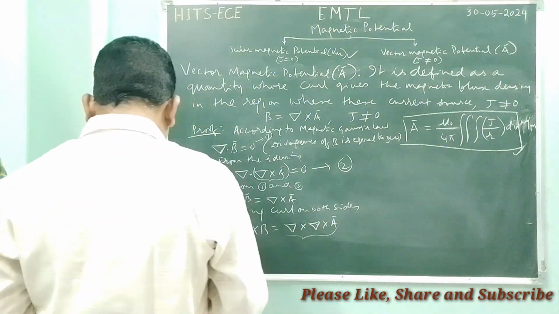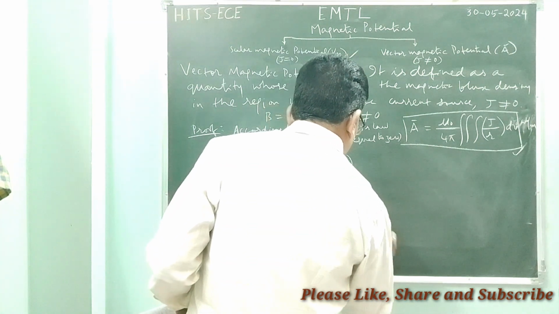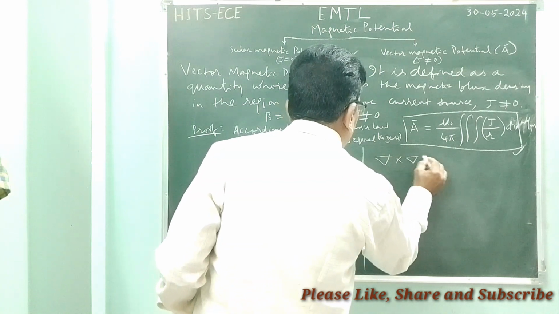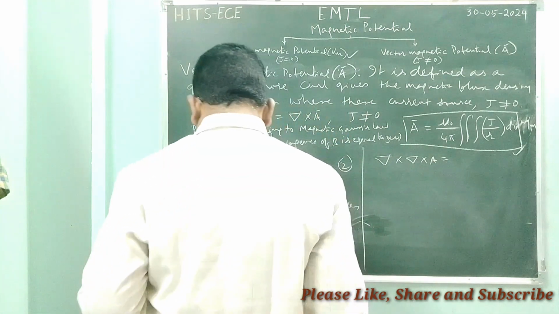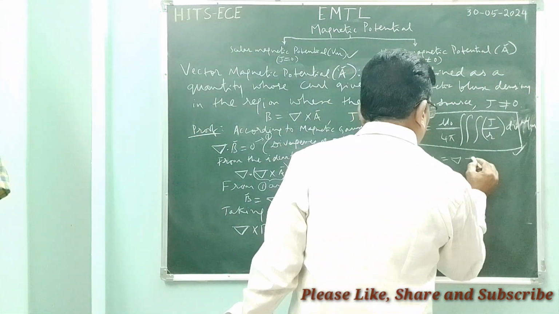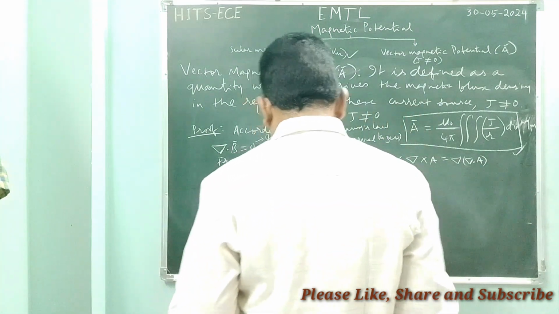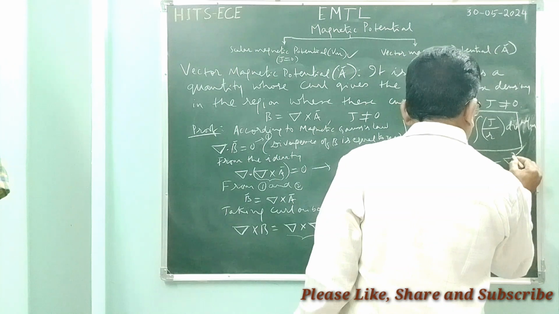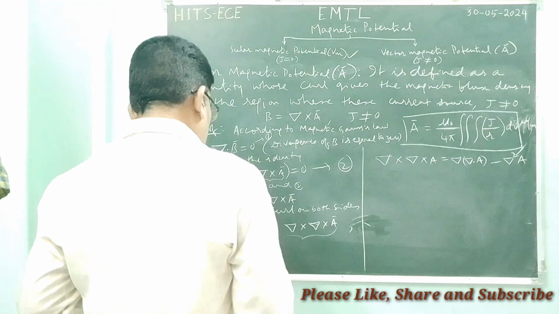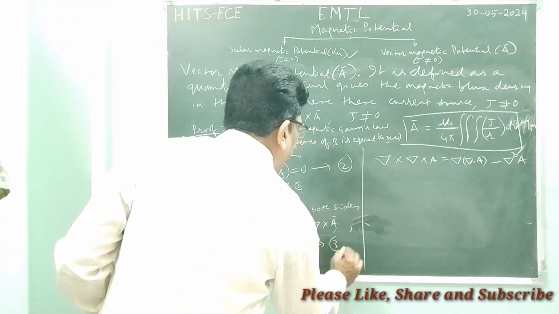Del cross del cross A is equal to del of del dot A minus del square A. Let this be equation number 3.